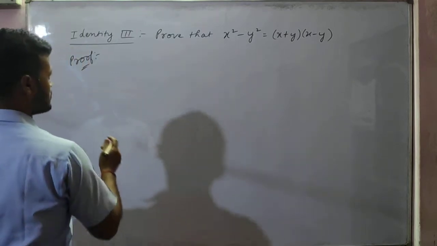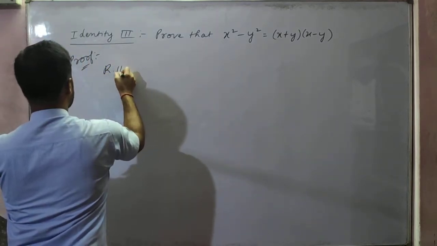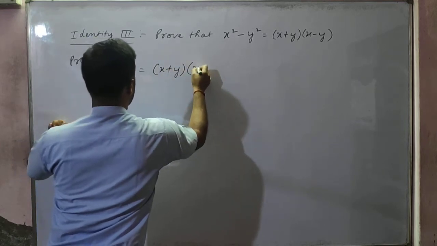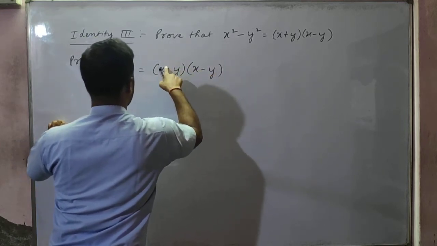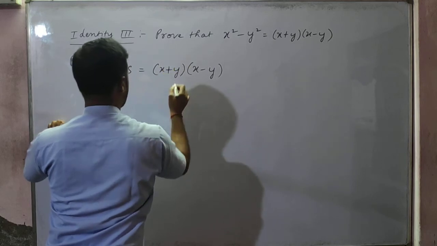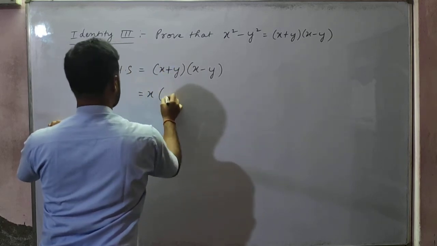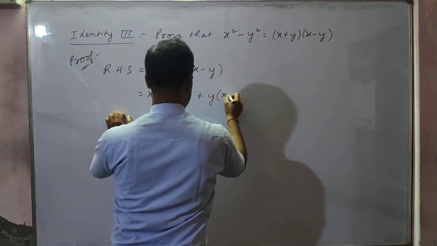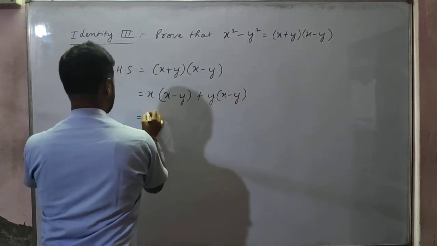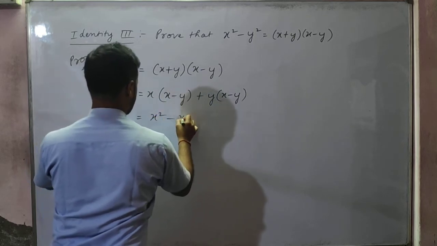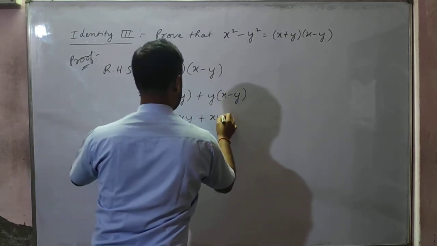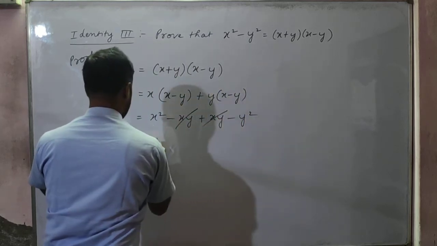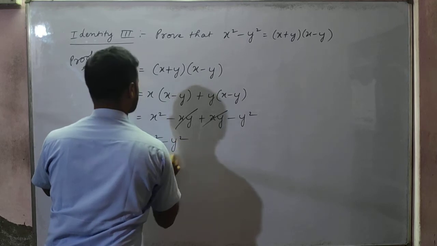So we will take the right hand side, students. So x plus y into x minus y. So x into x minus y plus y into x minus y. So x into x will become x square minus xy plus xy minus y square. Plus xy minus xy cancel. That is equal to x square minus y square.